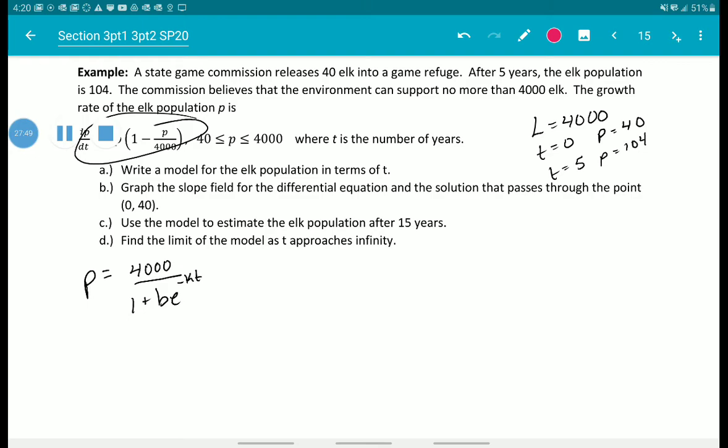So now we've just got to figure out what our B value is going to be and then what our k value is going to be. And that's where those initial conditions are going to come into play. So we know that at time 0, we had a population of 40.